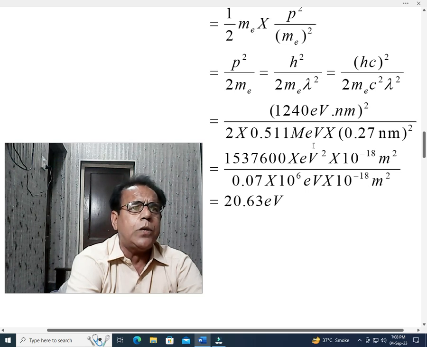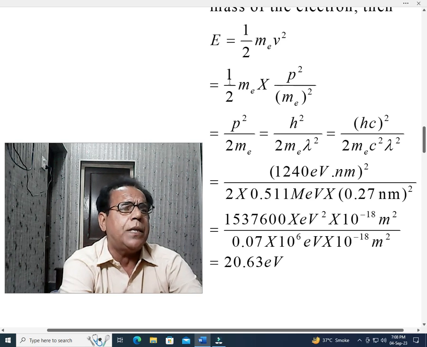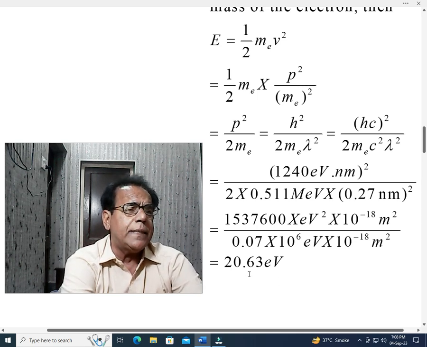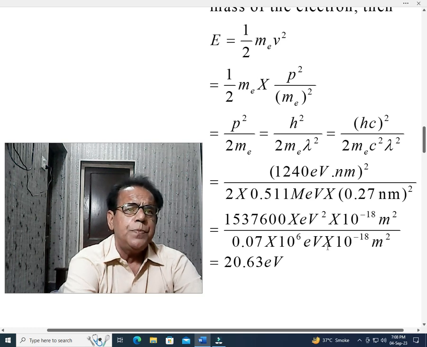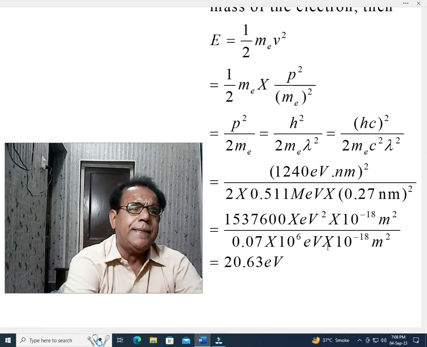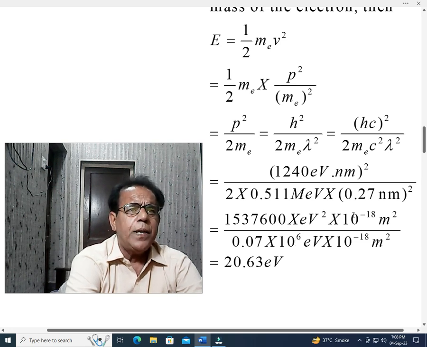One electron volt will be cancelled from electron volt square, and hence after simplification we will get the kinetic energy of the electron E equal to 20.63 electron volt. Moreover, we see whether we have used any other conversion factor or not. I think it is just simplification, no other, except here in place of mega we have used 10 raised to the power 6.